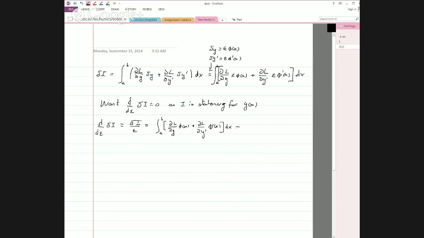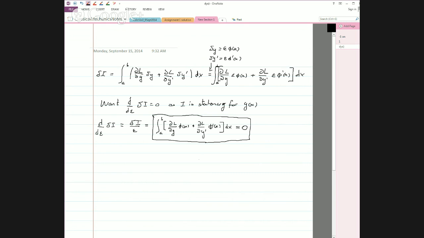And that's the thing that we want to equal 0. And so again, the question is to find y of x so that this thing is 0.